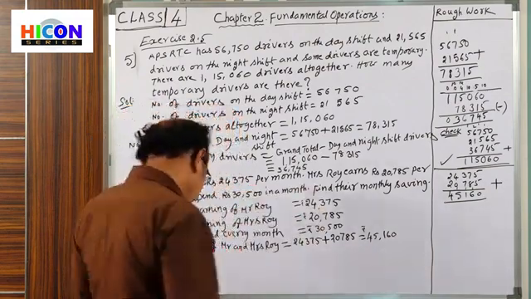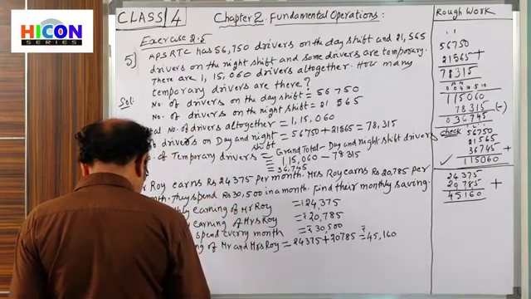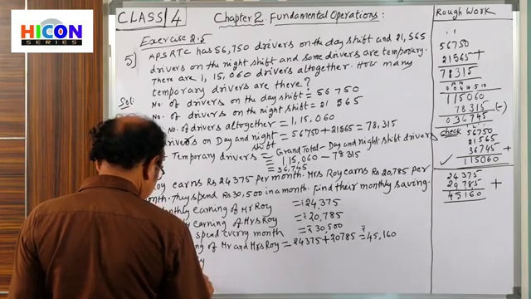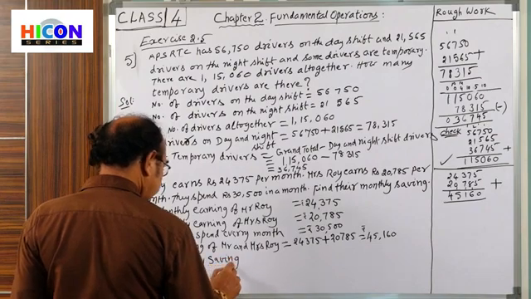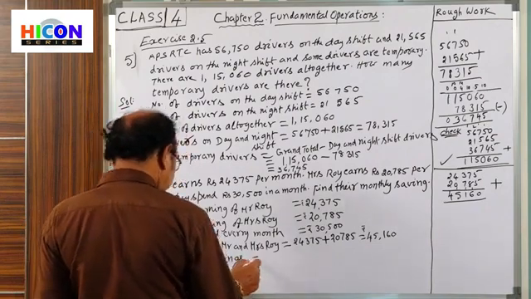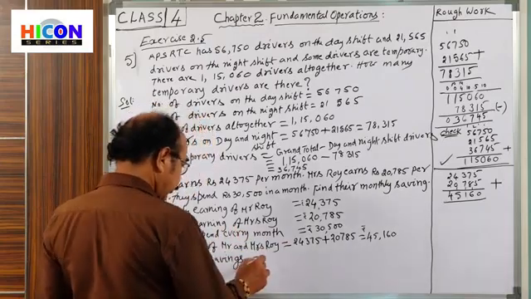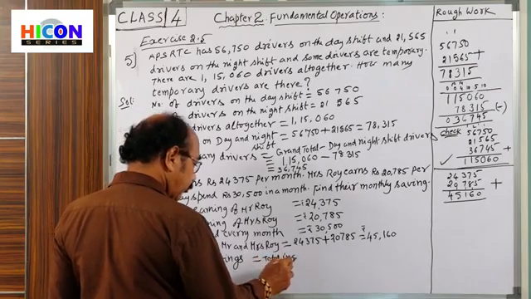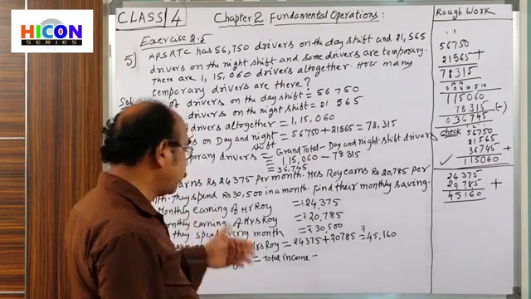So, their monthly saving is equal to, how can you find this? Total income minus expenditure.